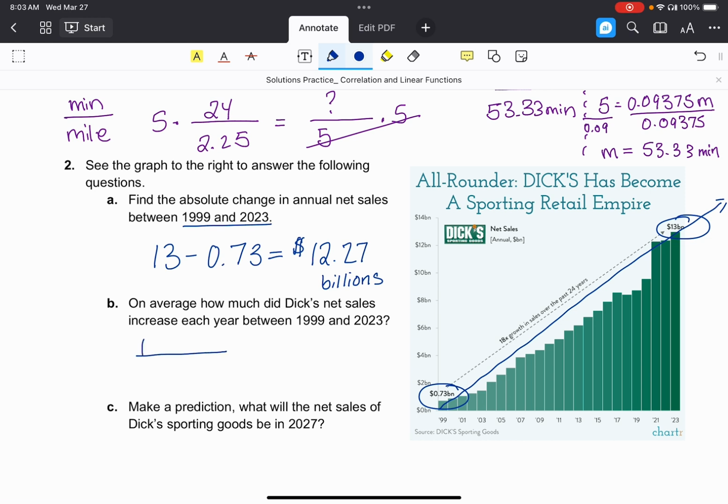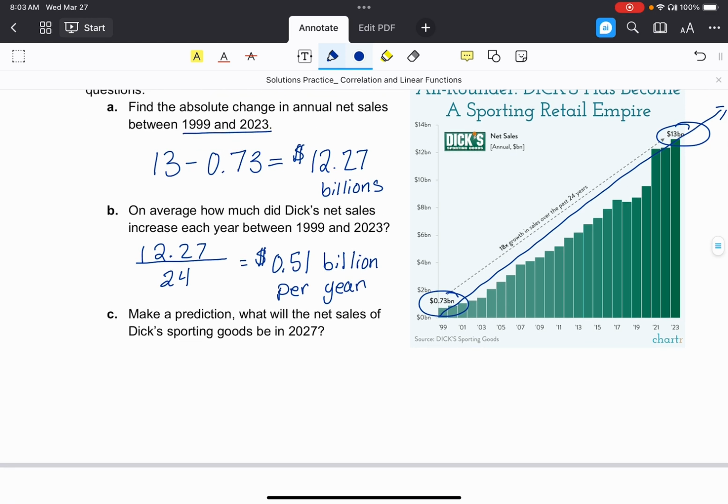So if I take that absolute change, and then divide it by the number of years that have gone by, and this is 24 years, I would find out that each year the net sales is growing about $0.51 billion. And that's per year. Each year the sales increase that much.